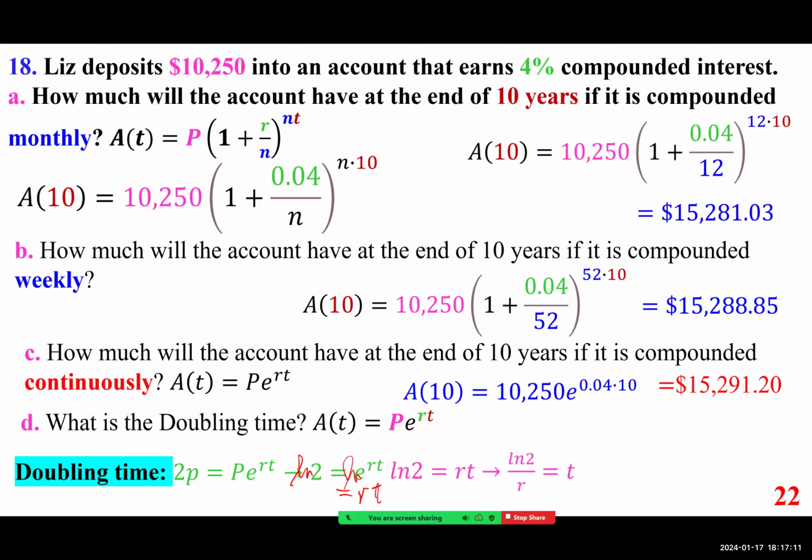And therefore, since we want the time, we divide ln 2 by R, and R is 0.04, and it gives us 17 years, a little bit longer than that takes for it to double up.